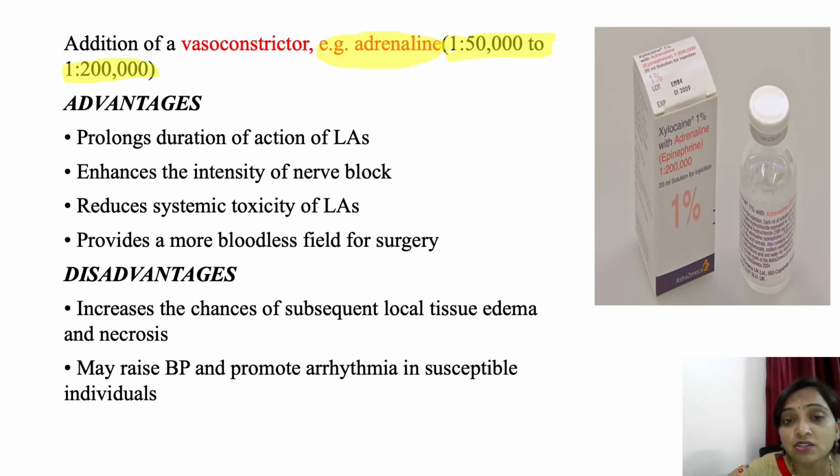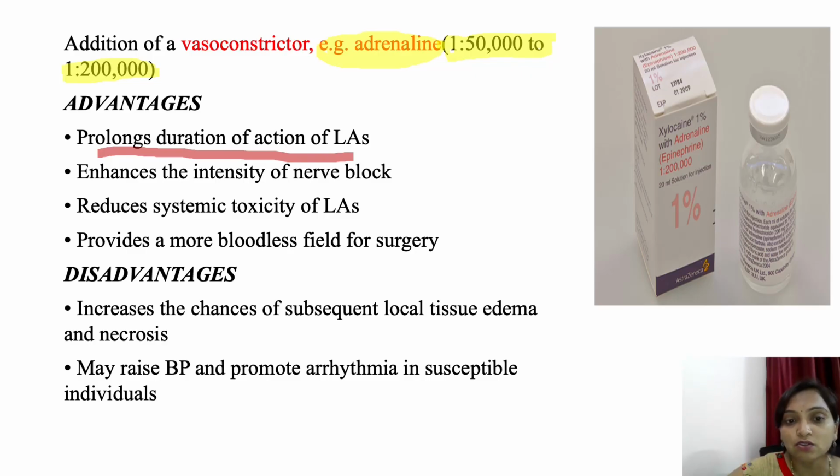Why is it used? Because it will produce vasoconstriction. As we all know, adrenaline is a sympathomimetic drug which has action on alpha 1, alpha 2, beta 1, 2 and 3. Through alpha 1 mediated action, it will produce localized vasoconstriction, which will prolong the duration of the anesthetic effect. The local anesthetic which you injected will stay there and will not enter the systemic circulation.